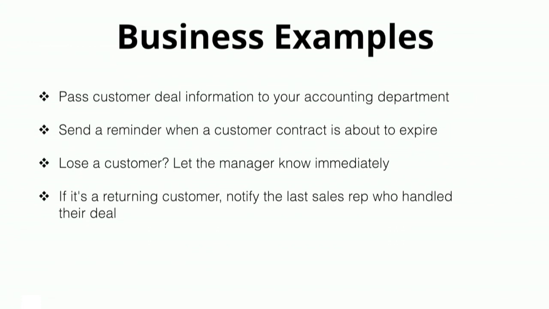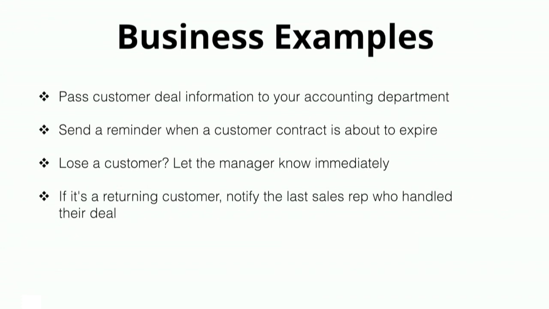So not only can we trigger things based on something that happens like a deal closes, we can also trigger it based on a date. So an expiration date, a birthday, or some other date inside the system. Or if we lose a sale, for example, we can notify the salesperson or the sales manager for that region immediately. And then trigger other notifications to happen inside the system.